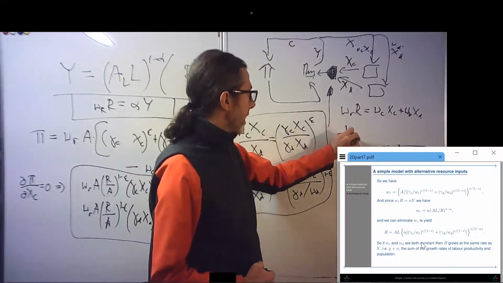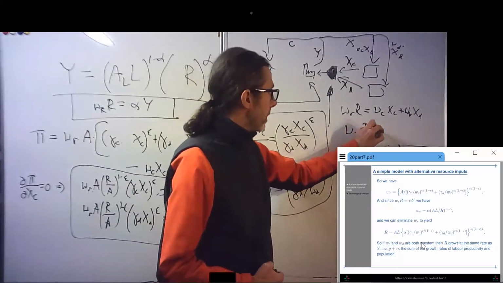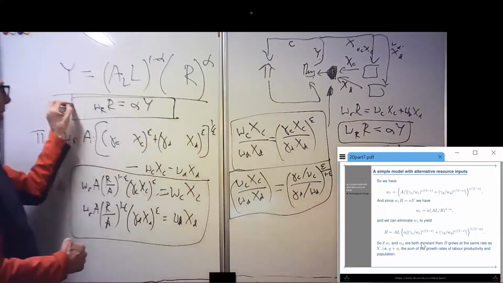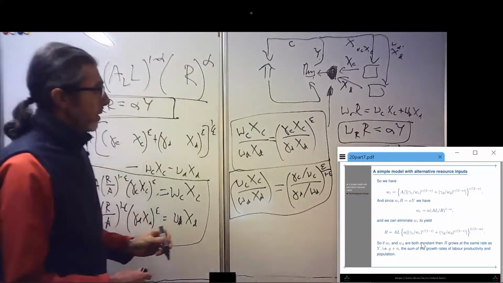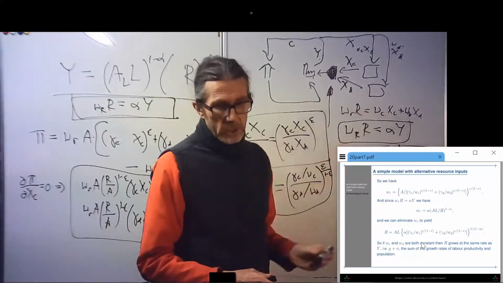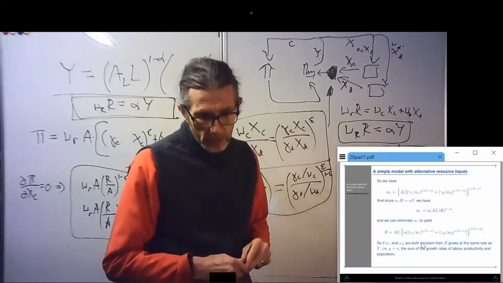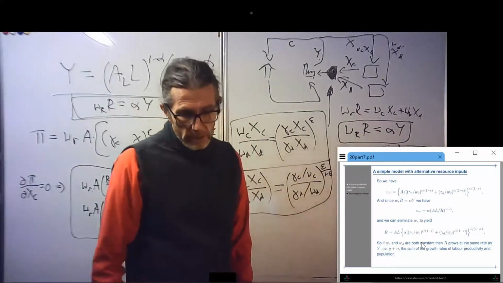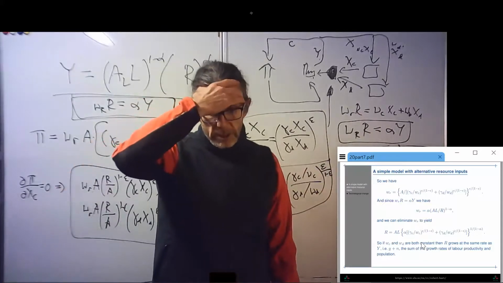We also have that WRR is alpha Y. So we've now got two different expressions for WRR. We can put those equal to each other, and we get an expression for R.